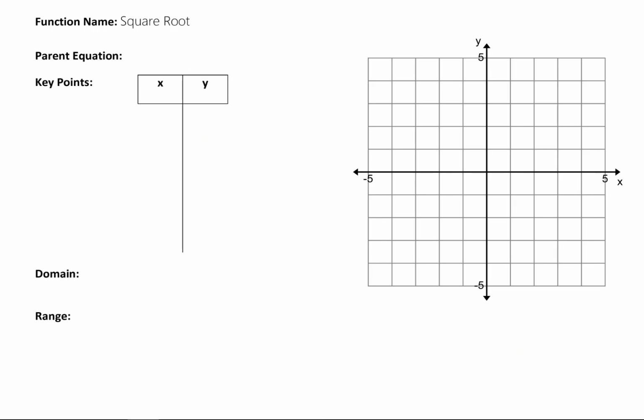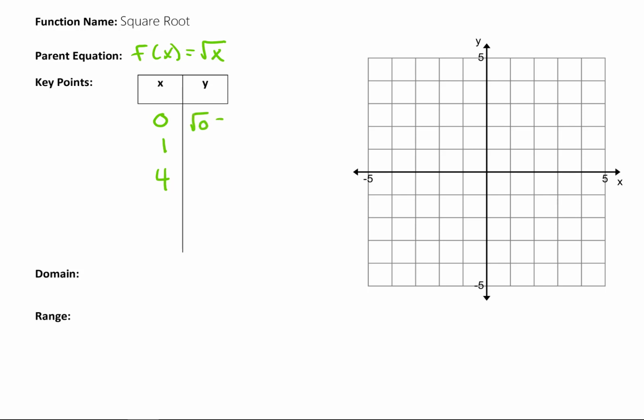Next, we have our square root function. So f of x is equal to the square root of x. Now our table of values is going to change a little bit because we can't take the square root of a negative number. So I'm actually going to start at 0, and then I'm going to just pick a few numbers that I can take the square root of.